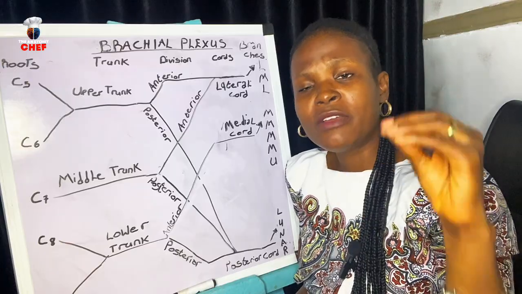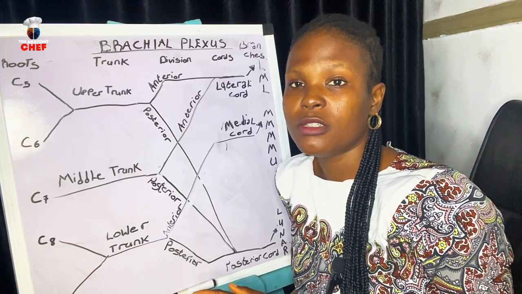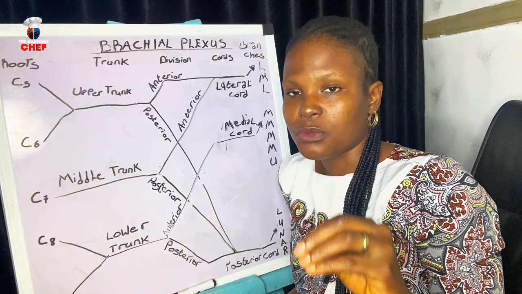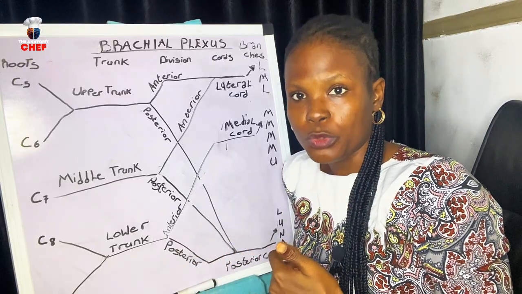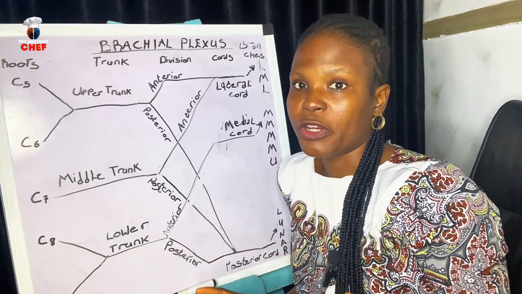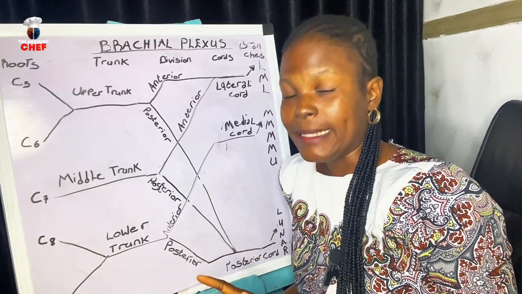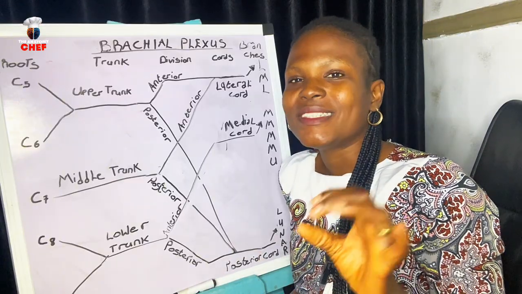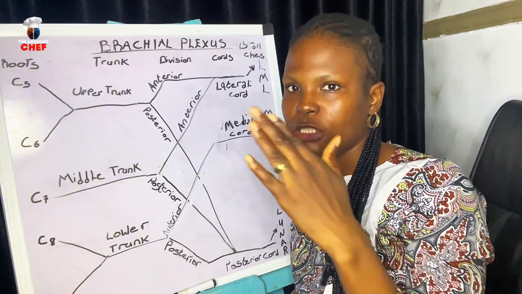Now, something very important you need to note in the brachial plexus, just to make it very easy for you, is that in the discussion of the brachial plexus, you have to take into consideration the roots, the trunks, the divisions, the cords, and the branches.